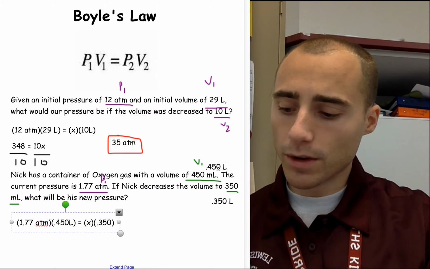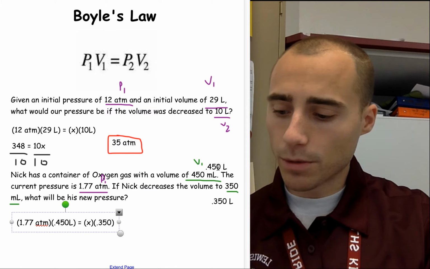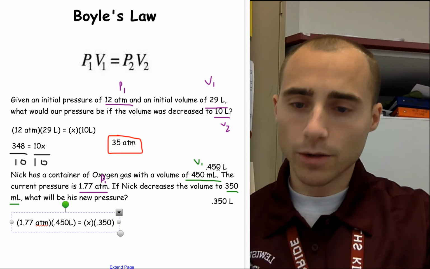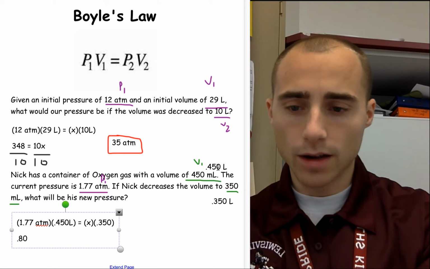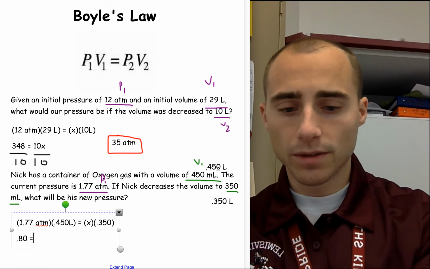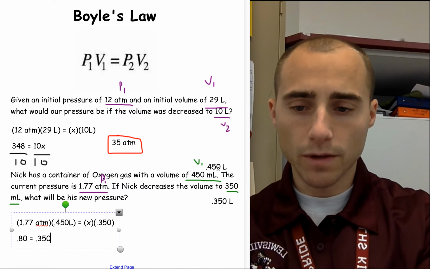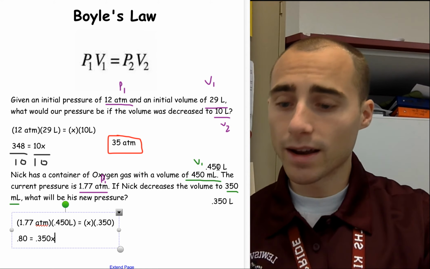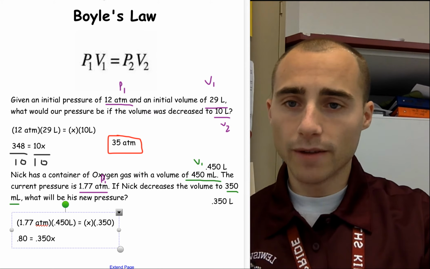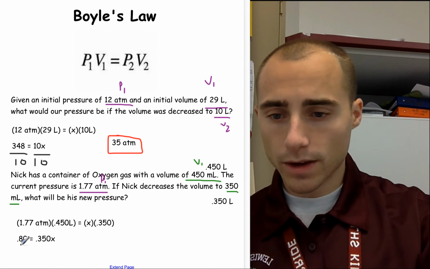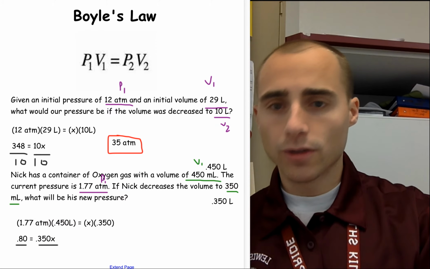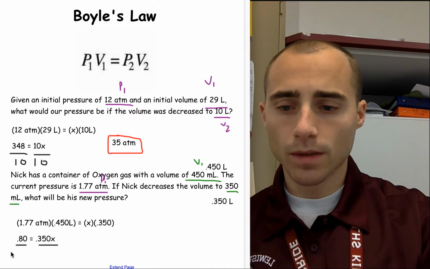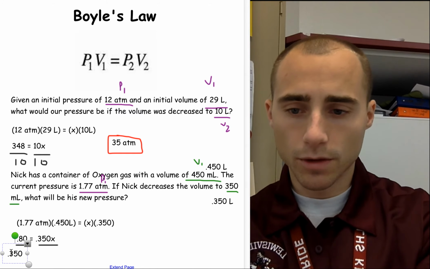So you have 1.77 multiplied by 0.450. That's going to give you 0.80, just round it up. That's going to be set equal to 0.350x. So we divide each side by 0.350, because we want the x by itself, right?